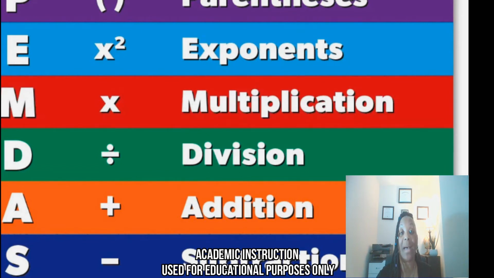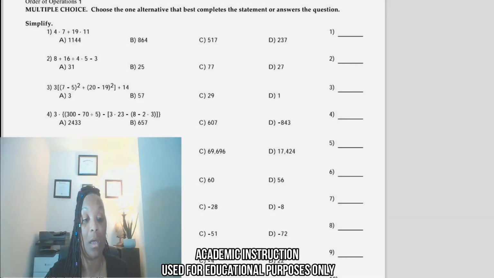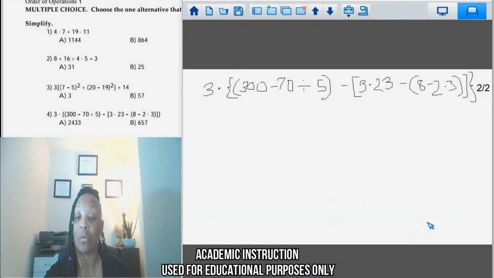So now let's go back to our lesson. Okay, I'm going to bring back up my whiteboard. Now, so the first thing we're going to do is our parentheses. Now, before we do subtraction, we have to do division, okay, because division comes before subtraction. So that's what you have to think about whenever you see this, okay?